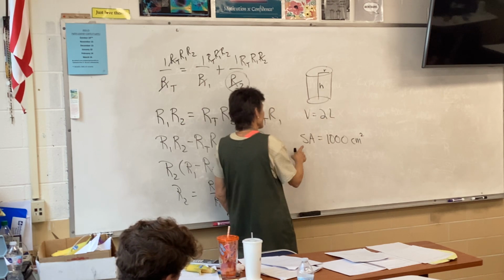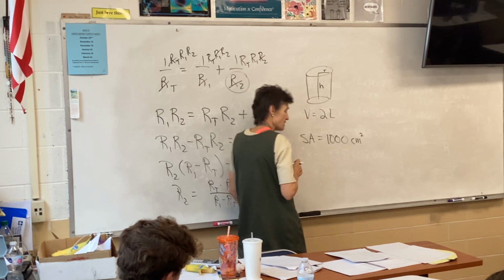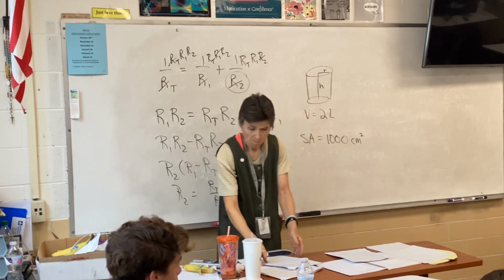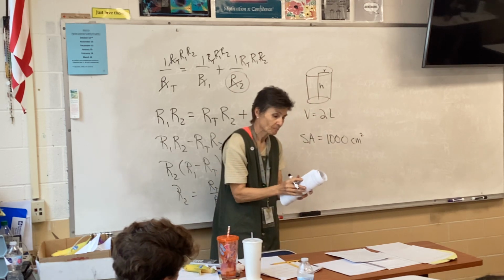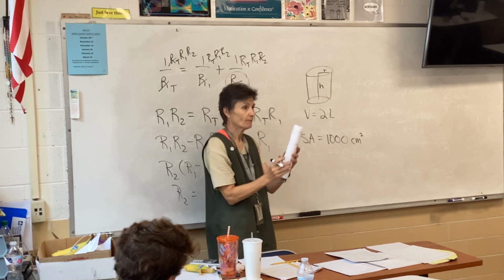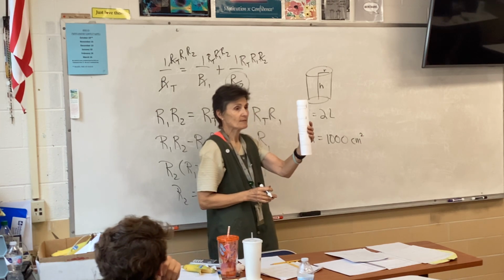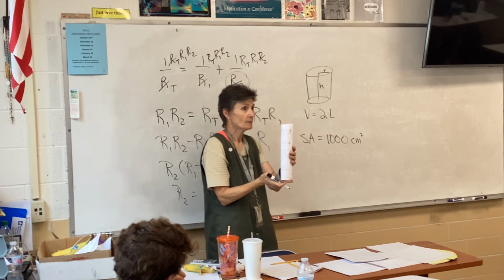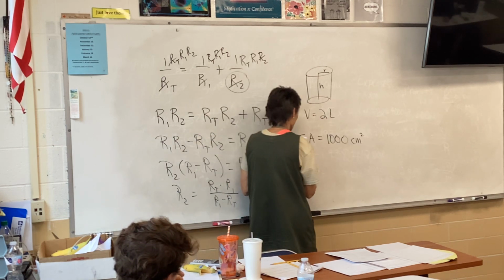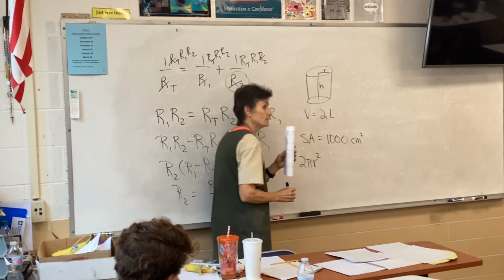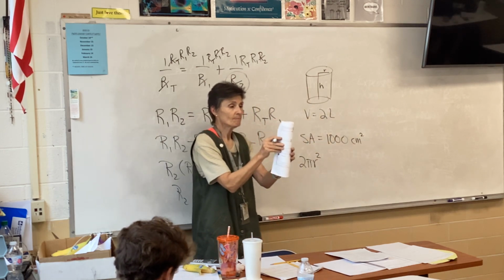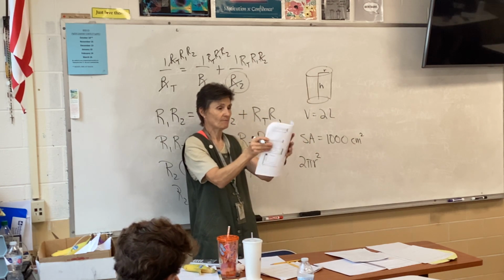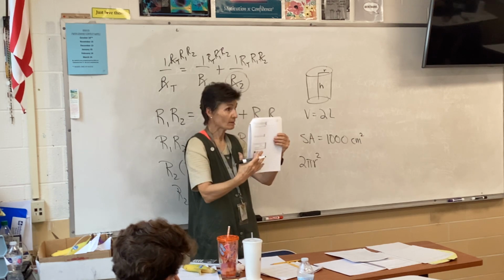So the surface area of the cylinder, I'll just make one. Here's my cylinder right here. The surface area consists of a circle on top and a circle on the bottom. So that's how he got the 2 pi r squared, right? And then the sides of the cylinder are really just a rectangle.